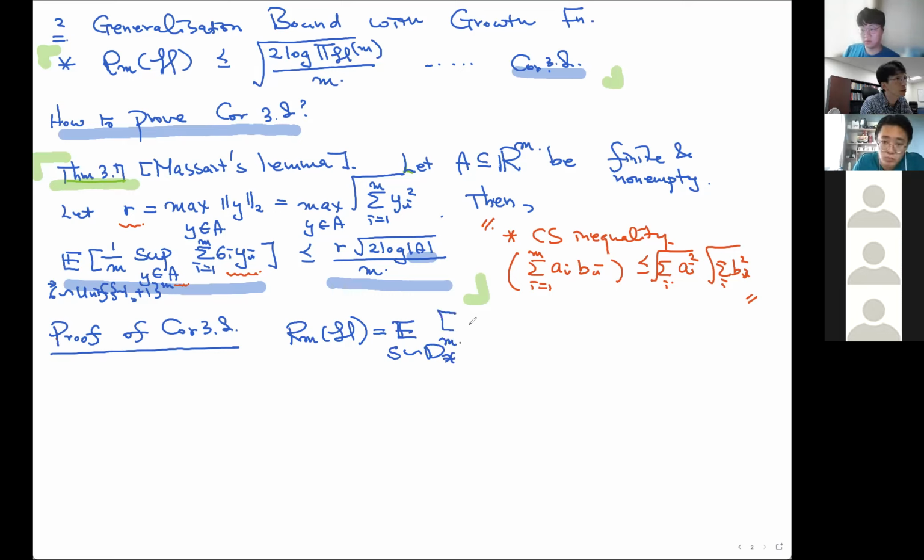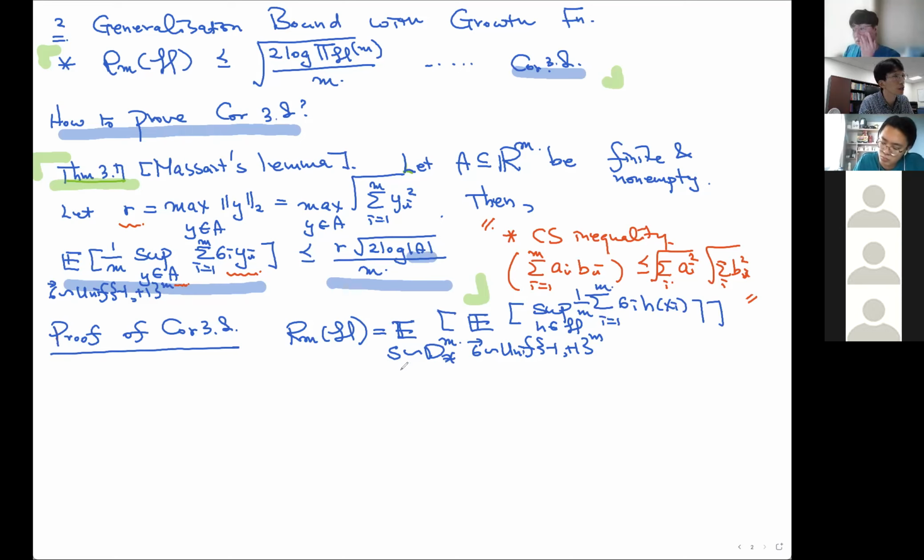And then it's an empirical Rademacher complexity that's defined by expectation of Rademacher variables, supremum over hypotheses, 1 over m, summation of sigma i and h of xi, i equal to 1 to m.